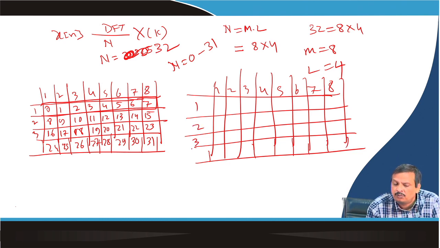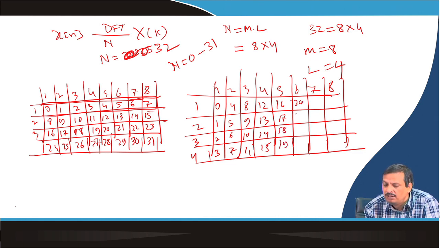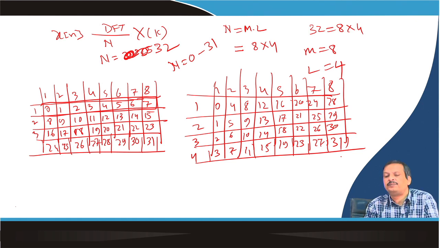Again I can write this way also: 0, 1, 2, 3, 4, 5, 6, 7, 8, 9, 10, up to 31.